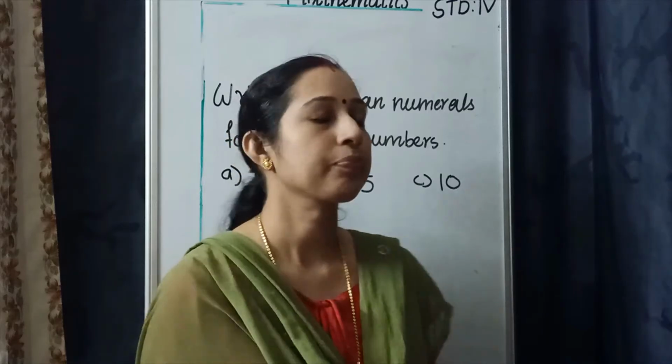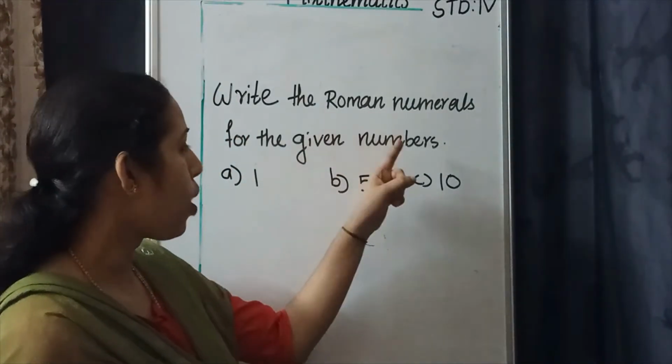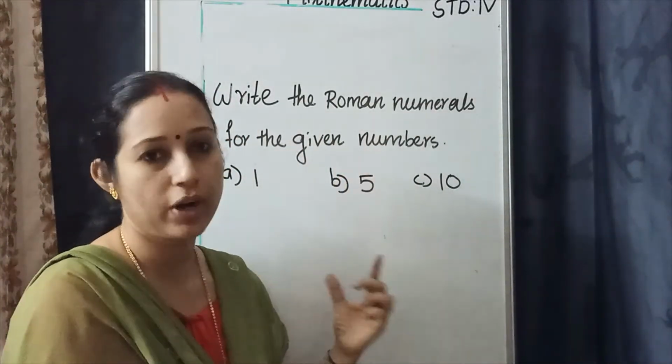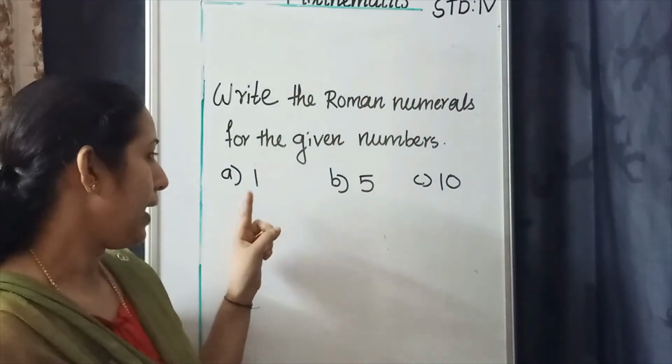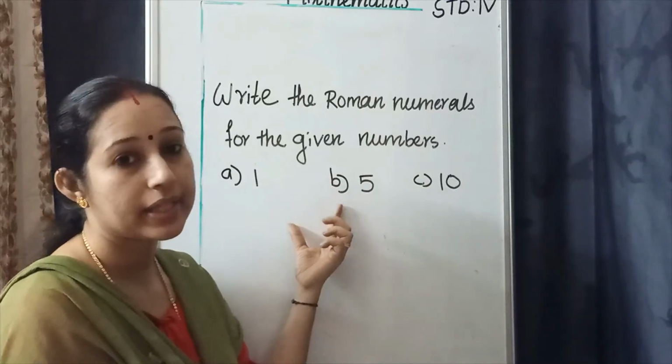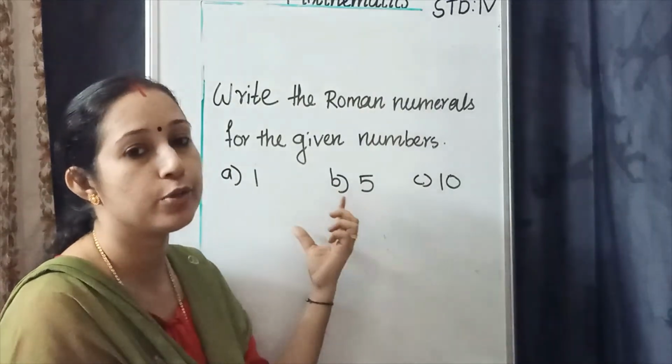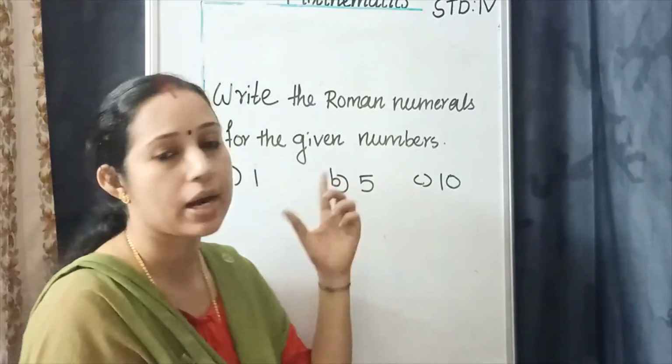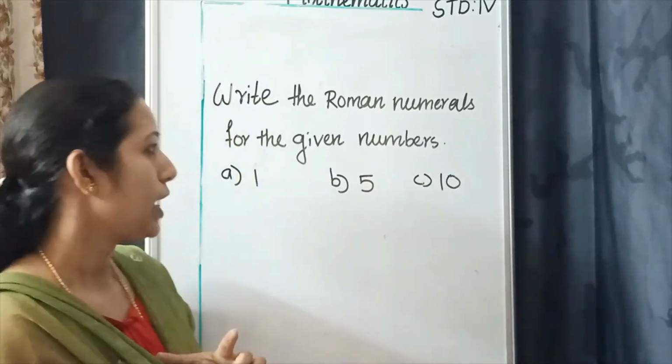Today's question: write the Roman numerals for the given numbers. A is 1, B is 5 and C is 10. Write the corresponding Roman numerals for these Hindu-Arabic numbers.